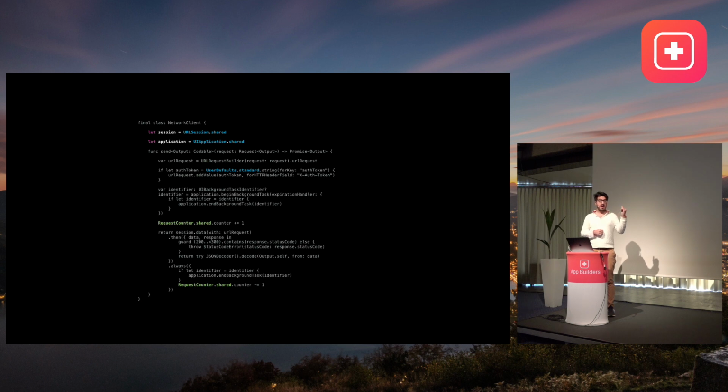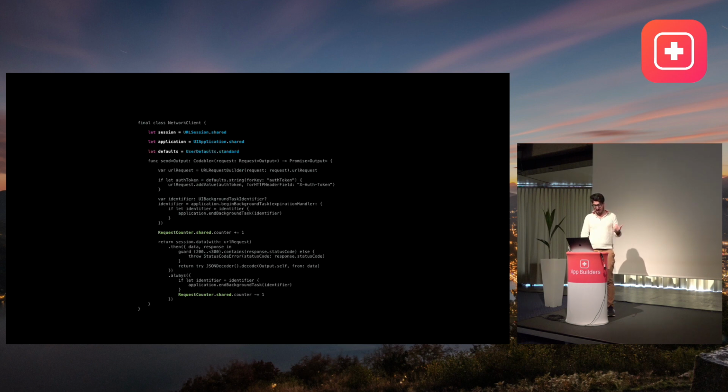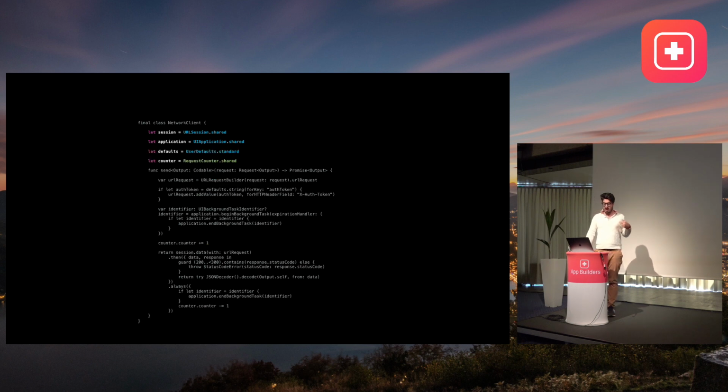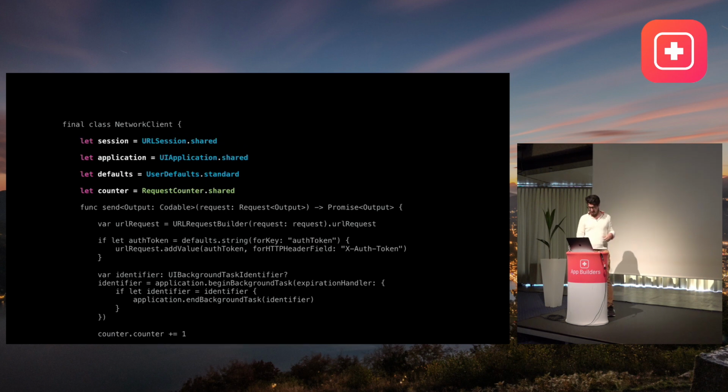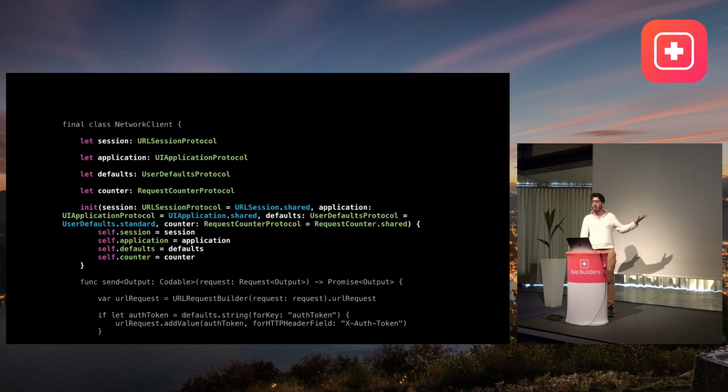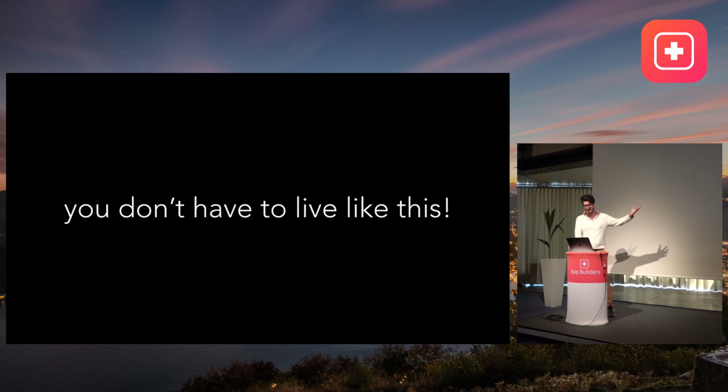We can take each of our singletons, pull them up to the top of our class, and then once we've pulled them all to the top of the class, we can wrap each one in a protocol, and then we can create an initializer. This is horrible. You don't want to live like this. You don't have to live like this, right? You deserve better than this, okay?